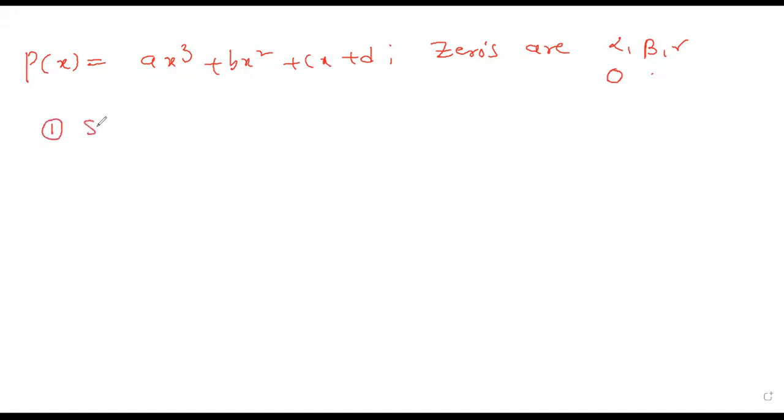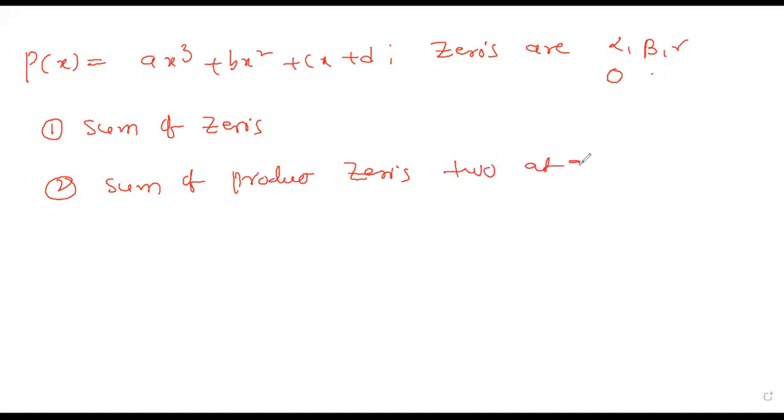One is the sum of zeros, second one is the sum of product of zeros two at a time, third one is just the product of zeros. Here they are asking the product of the zeros two at a time. That's why I am taking this second one.